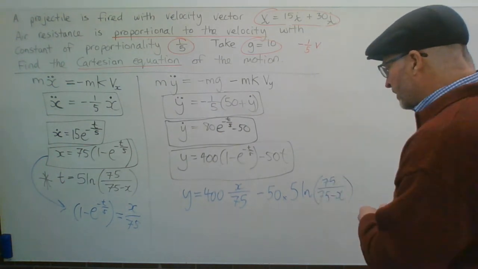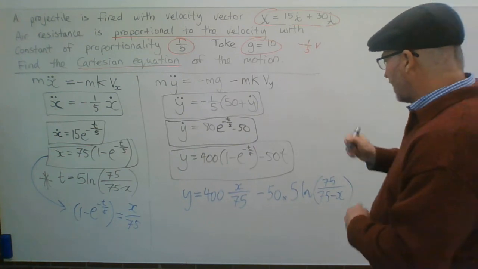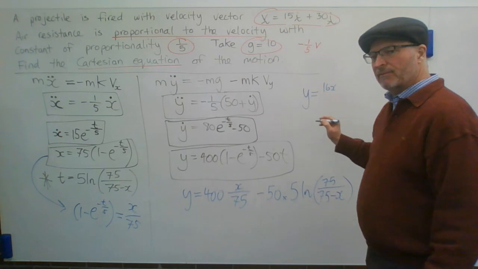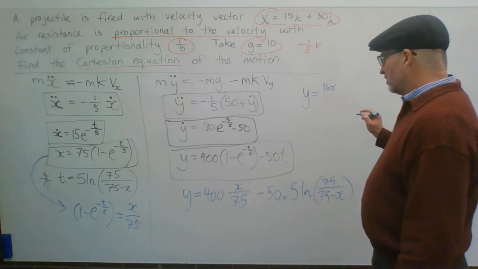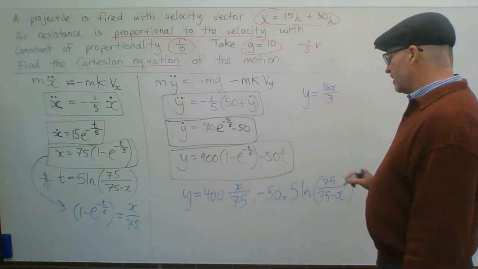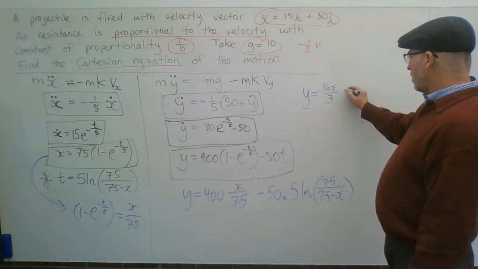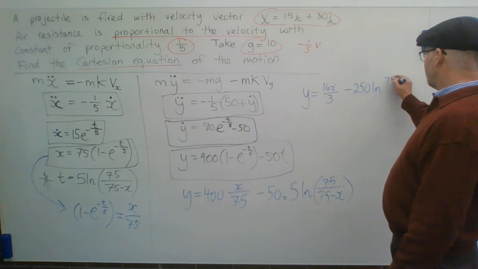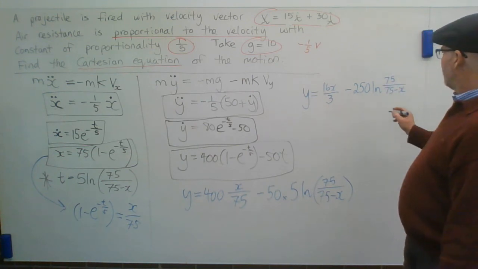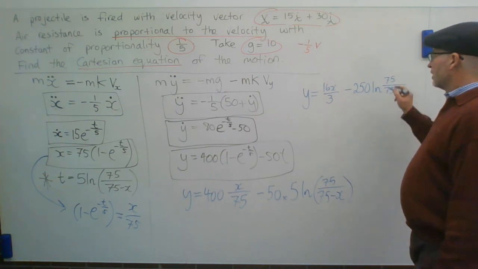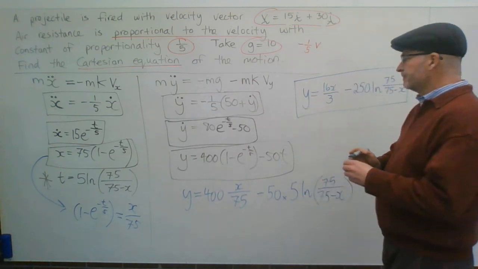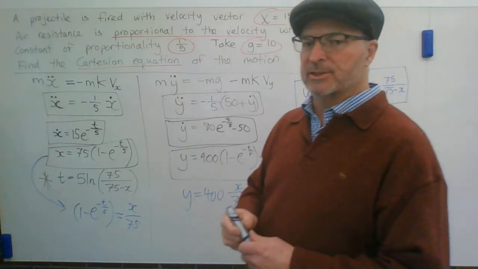So, I mean, that could be tidied up a little bit and you'd have your Cartesian equation. Y equals 16x on 3 minus 250 natural log 75 on 75 minus x. That will be the equation in Cartesian terms for x bigger than 0.